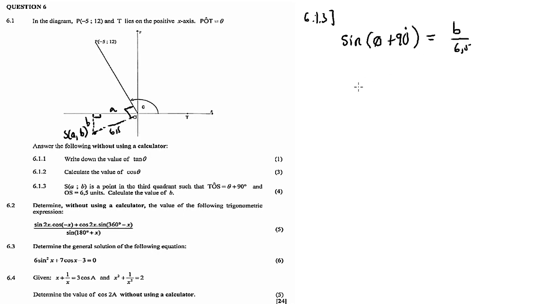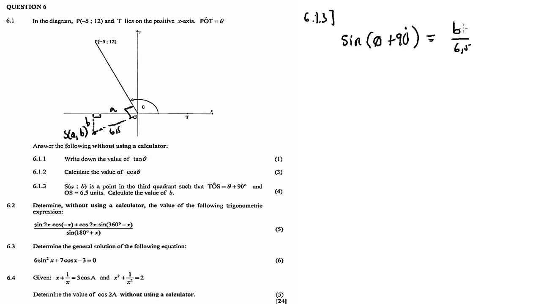I'm trying to build a formula, an equation with B, so that I can solve for the value of B, right? That's why I took sine, opposite over hypotenuse.